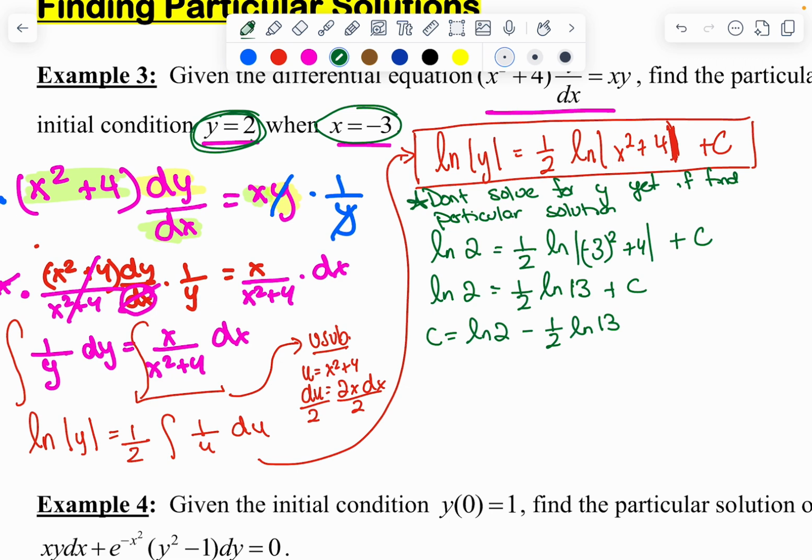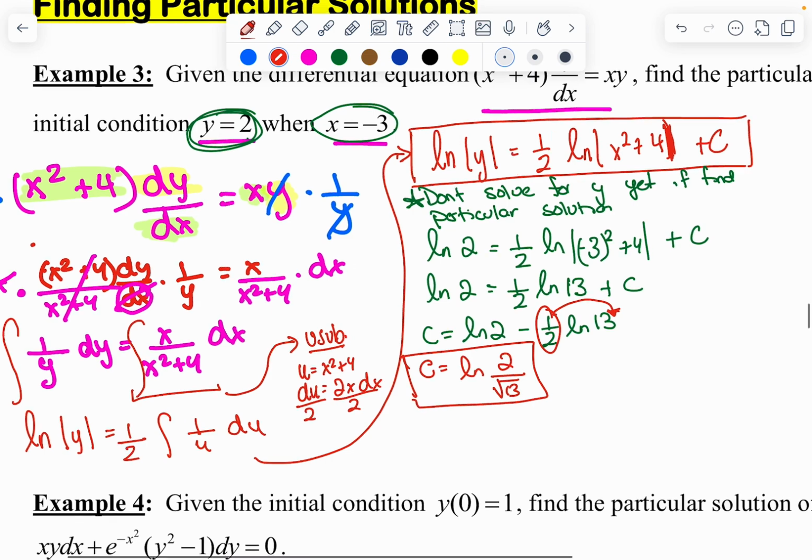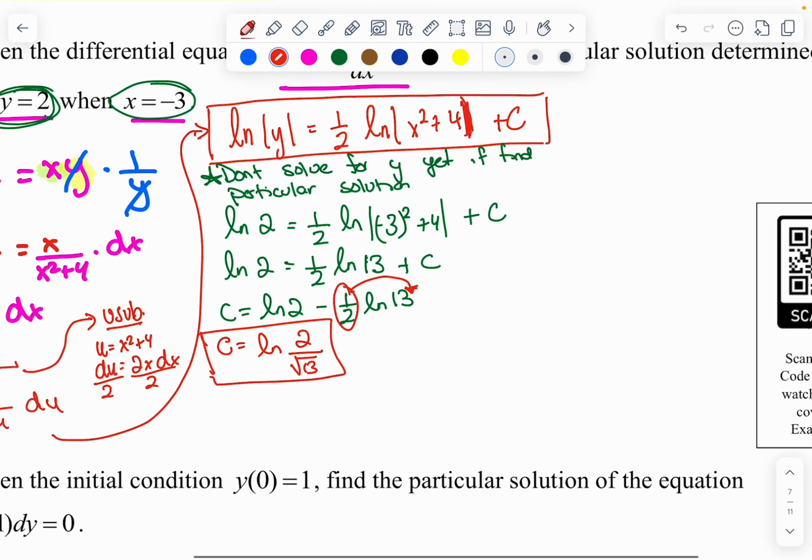If you wanted to clean it up, obviously what we can do is rewrite our half as an exponent for 13. So that's going to be ln of square root of 13. So c is going to be ln of 2 minus all of that. So that's going to be division. So it's going to be ln of 2 over the square root of 13. So there's our c.